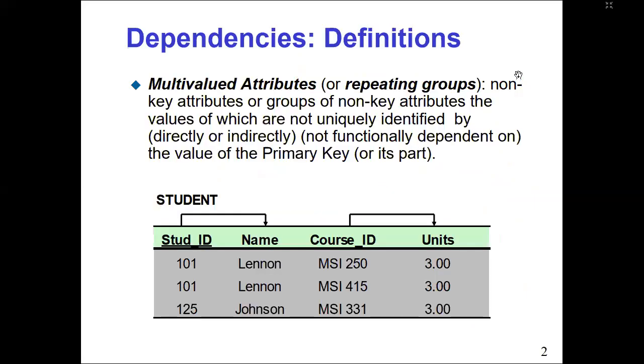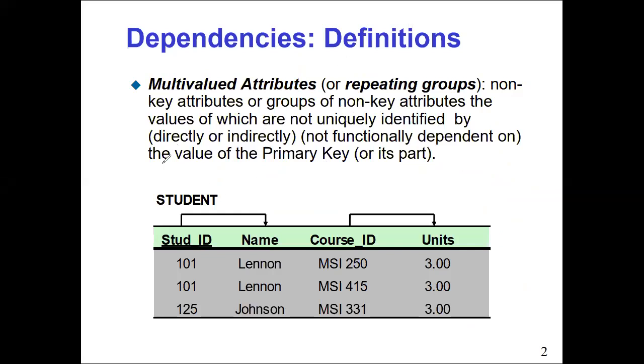So we will go one by one, right? There are some important words before we move into normalization. The first one is dependency, right?